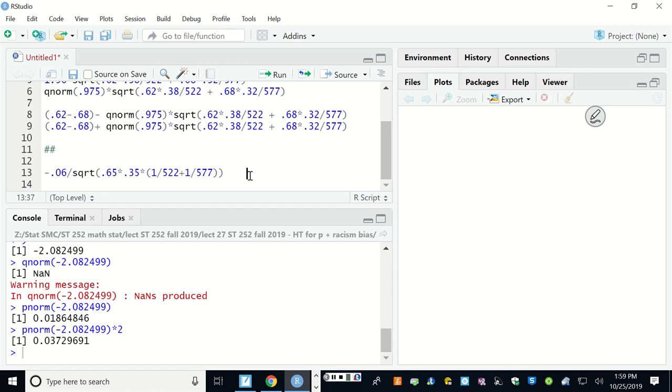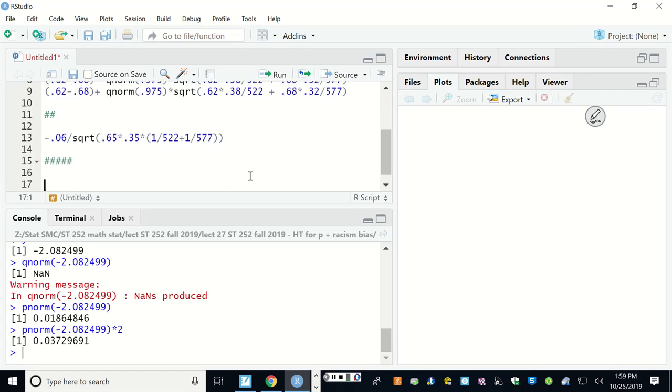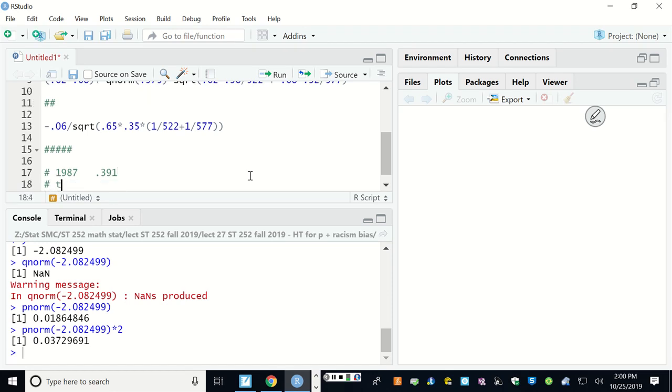So in the other example that we had the other day. In 1987, the rate of HIV in sex workers in Malawi was 0.391, right? And then the book said today, so whenever they did a survey, it was 0.480 based on a sample size of 130.